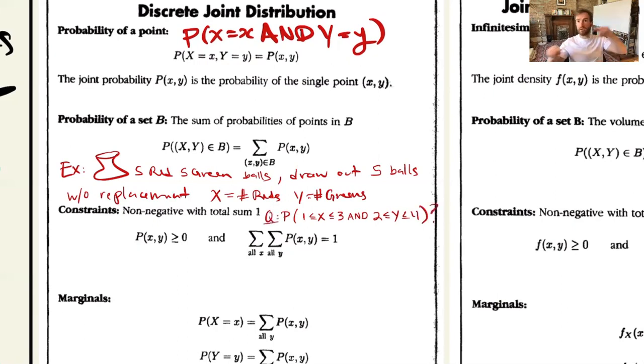Here you would have to make your probability table and then look at all the entries that satisfy both those conditions, x being between 1 and 3 and y being between 2 and 4.